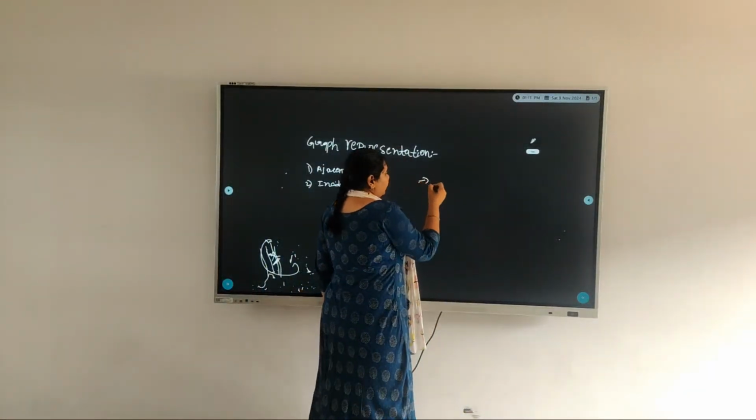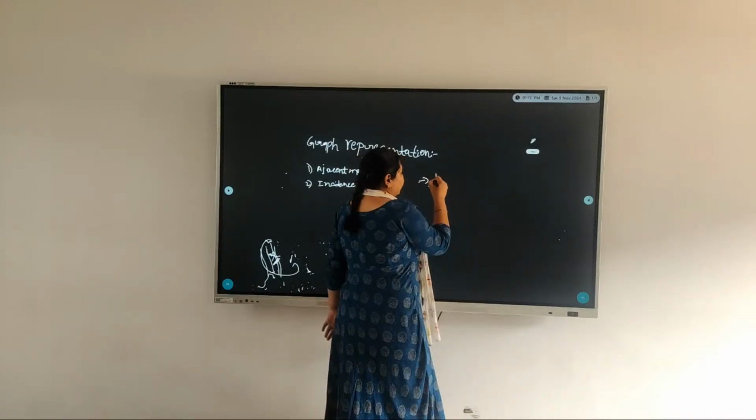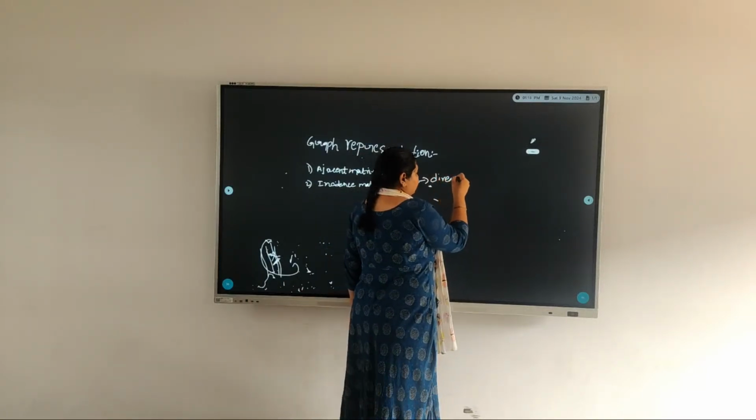The adjacency matrix can be applied to directed and undirected graphs.